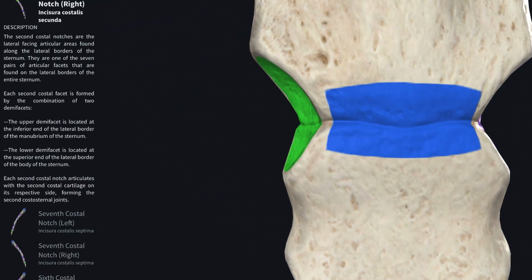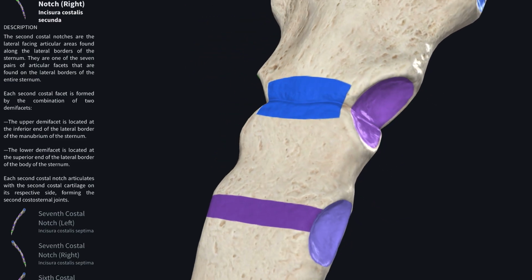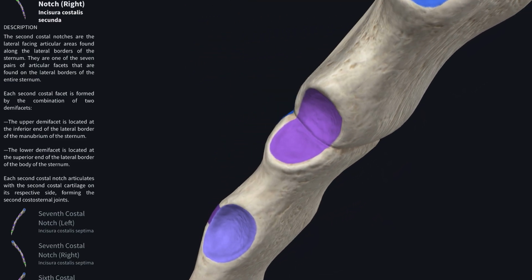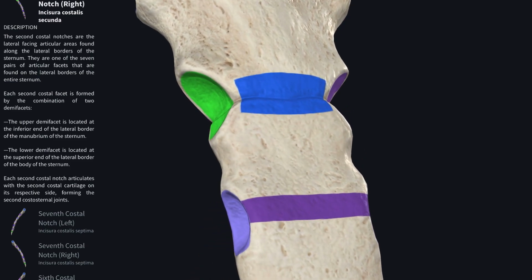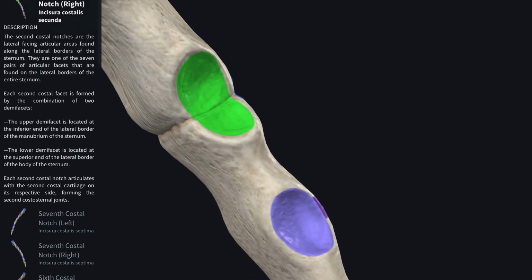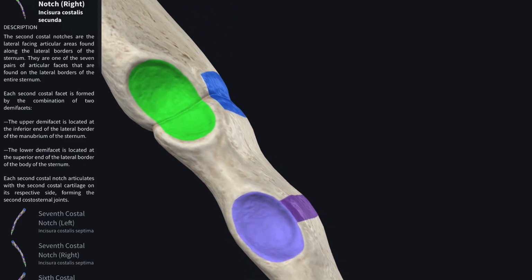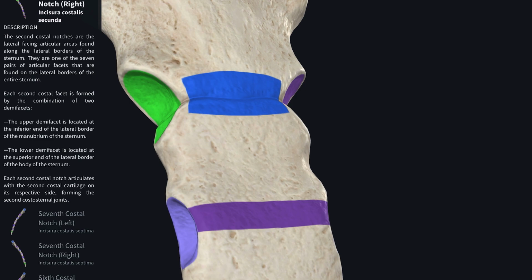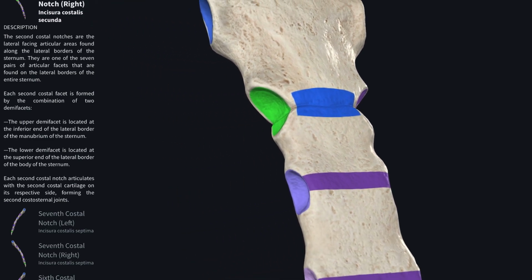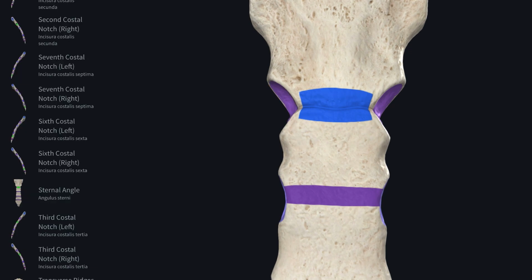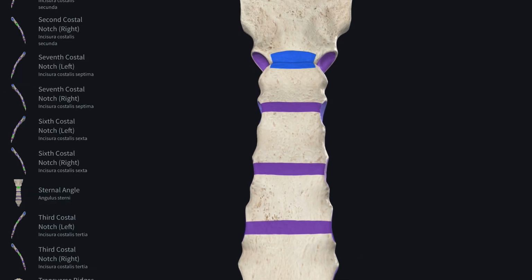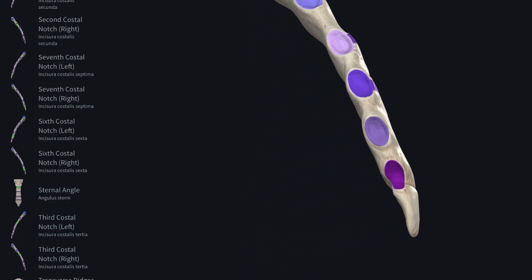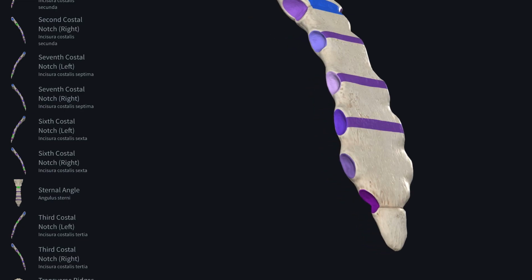This is where the second costal cartilage from your second rib connects in. Then we have the body of the sternum right there. And then we've got that xiphoid process at the bottom.